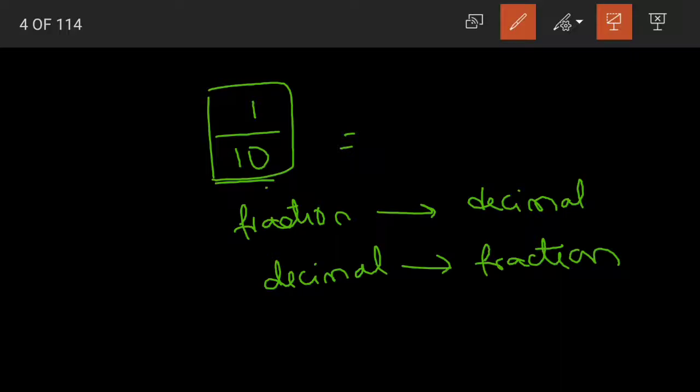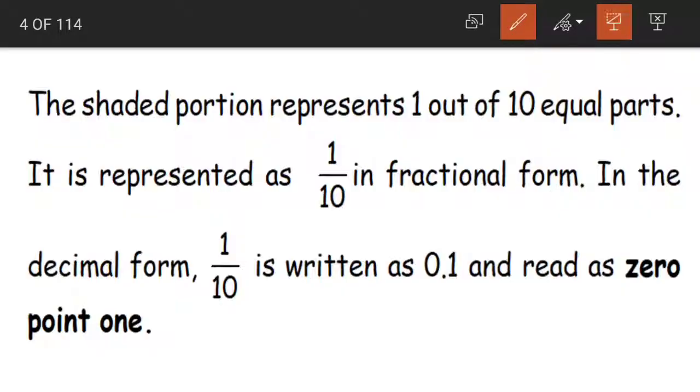Now what if we want to express it in terms of decimal numbers? How will we write it? This we will write as 0.1. Understood, children? In fractional form it will be called 1 by 10, and in the decimal form it will be written as 0.1. Now how did this 0.1 come?